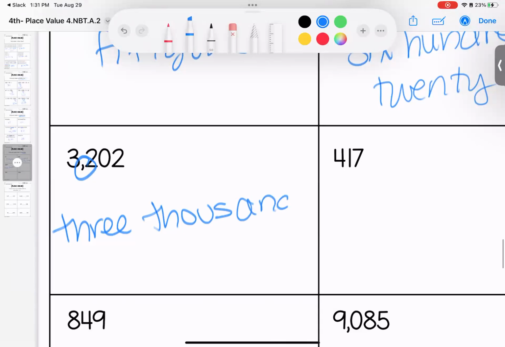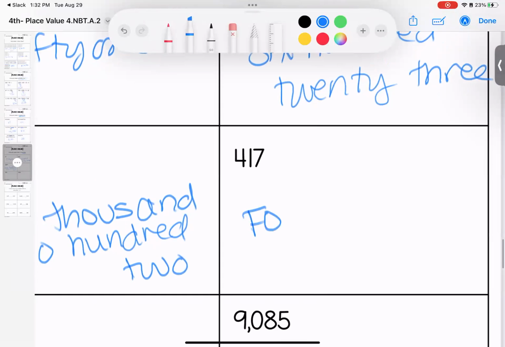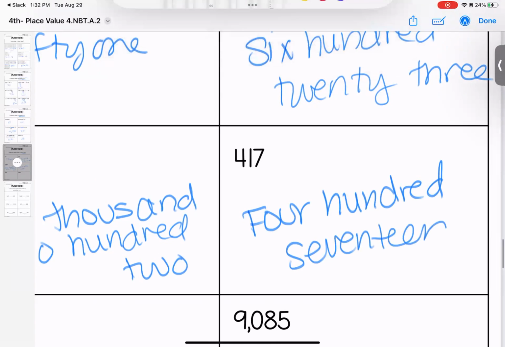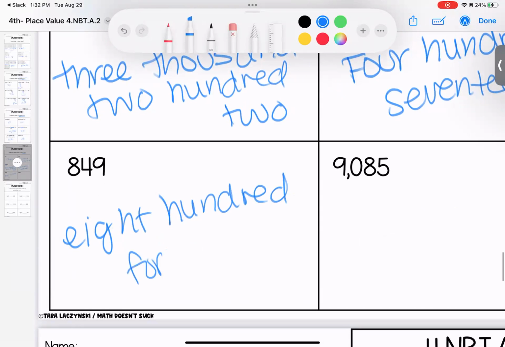3,000. 200. 2. Over here we have 400. 17. Coming down, 800. 49.